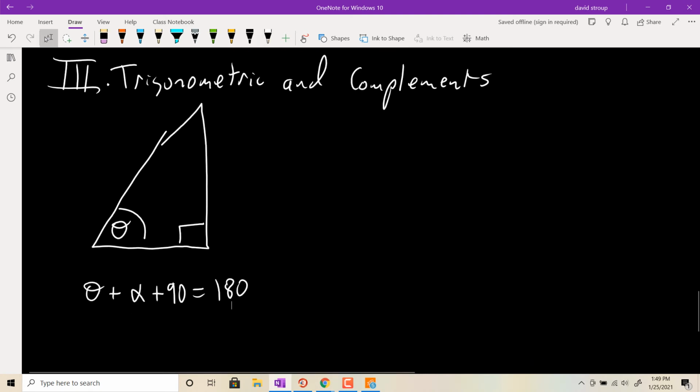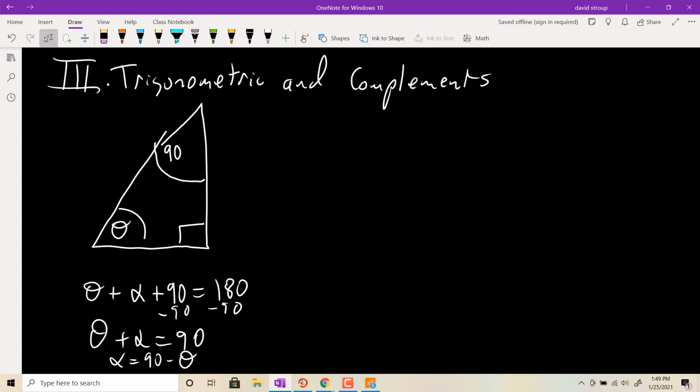You know that top angle, alpha, if you move the 90 over, you'll have theta plus alpha equals 90. And then if you move the theta over, you get alpha equals 90 minus theta. This top angle is 90 minus theta.